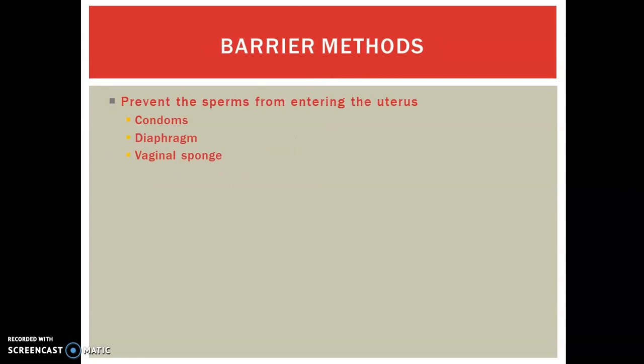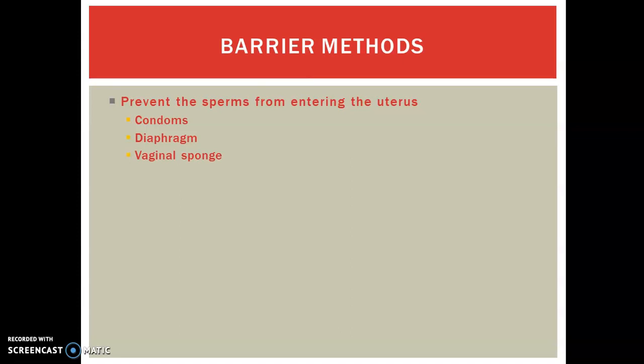First is the barrier method. Barrier methods prevent sperms from entering the uterus. You know that the sperm is deposited in the vagina of the female during sexual intercourse, and it travels up from the vagina through the cervix into the uterus, and in the fallopian tube fertilization occurs normally.